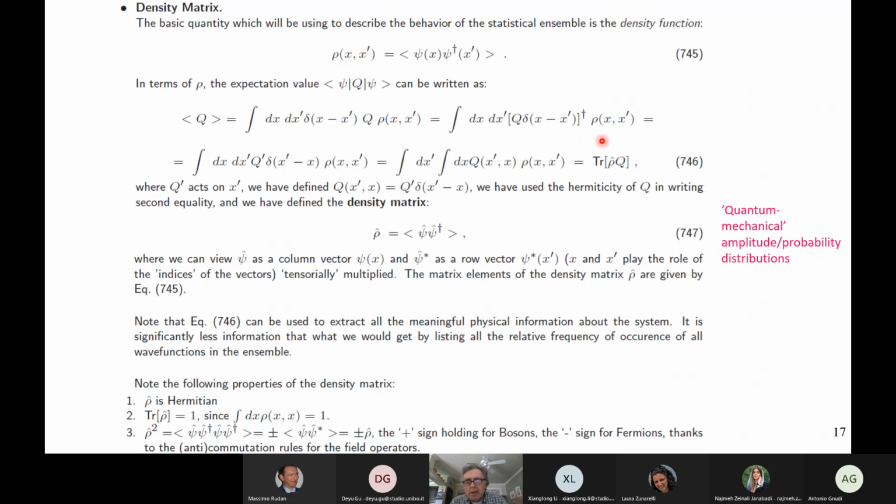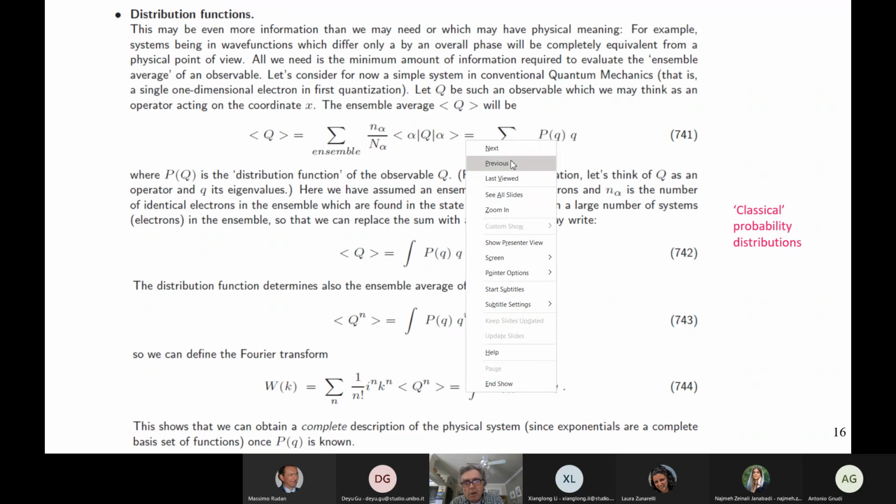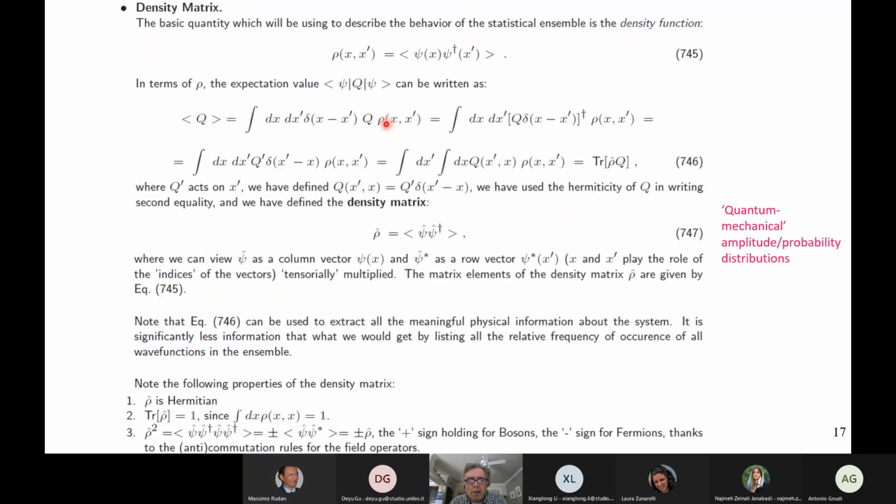But roughly, I hope this makes it clear what I need is the non-diagonal elements. Here I have a P of Q. Here I need a rho of x x prime, of Q Q prime, whatever you want to call it, because I want to be able to express the correlation, or the amplitude, that I might have for the system to be in a linear superposition of states belonging to two different eigenvalues of the observable Q. Okay, and so I need to go from a scalar to a matrix.